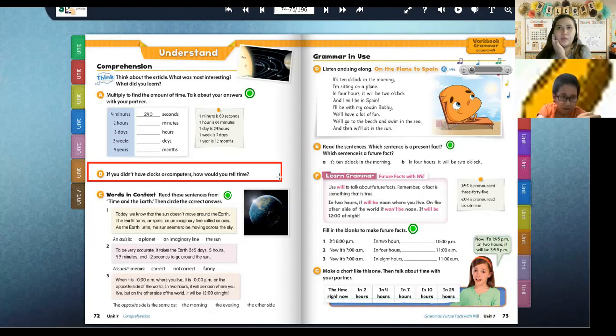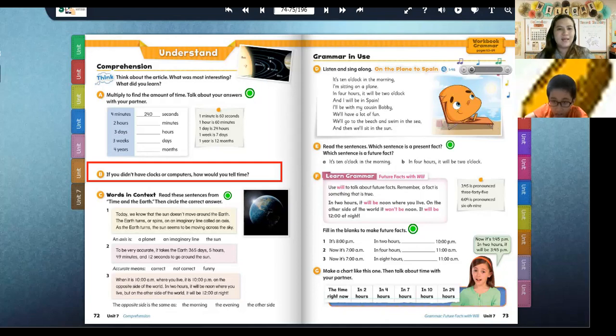For example, way back before, if I forgot to bring my watch and went outside and didn't know what time it was, I would just look up at the sun. I can see that the sun is not yet high, so it's not yet noontime. That's how I told time before.